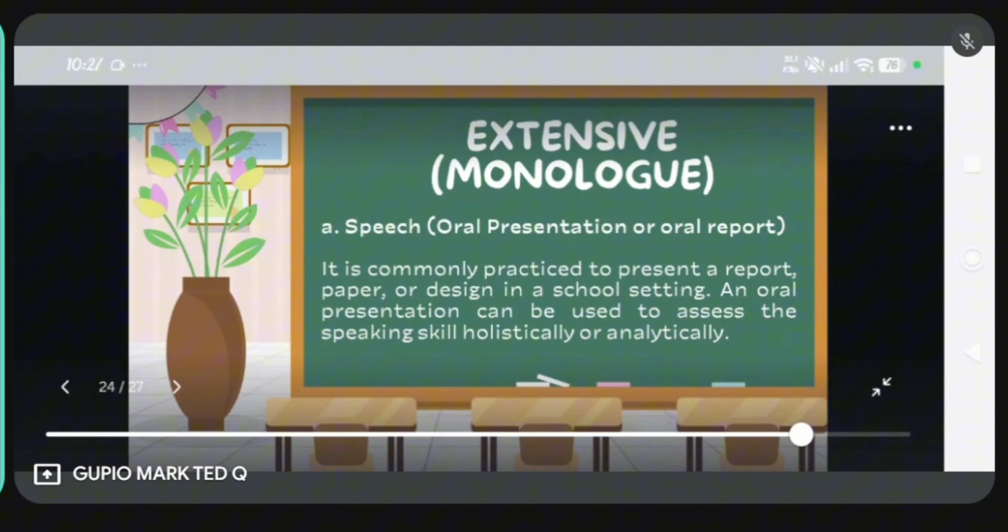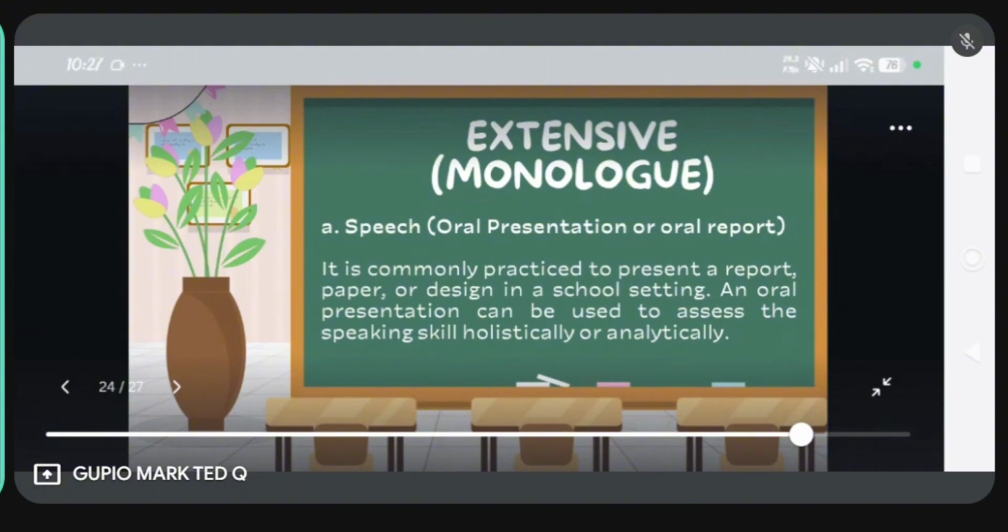So the last one is extensive monologue. Extensive monologue, like I mentioned earlier, is commonly used in academic settings, public speaking, and language learning to help individuals improve fluency in academic situations. So there are parts of extensive monologue.